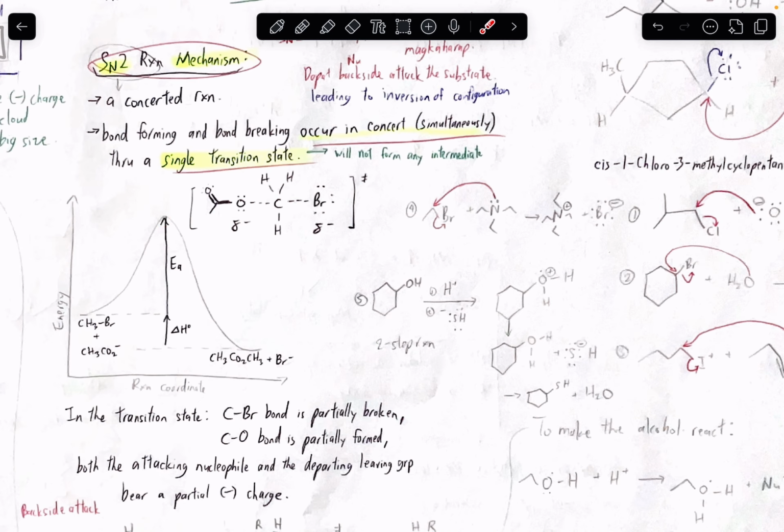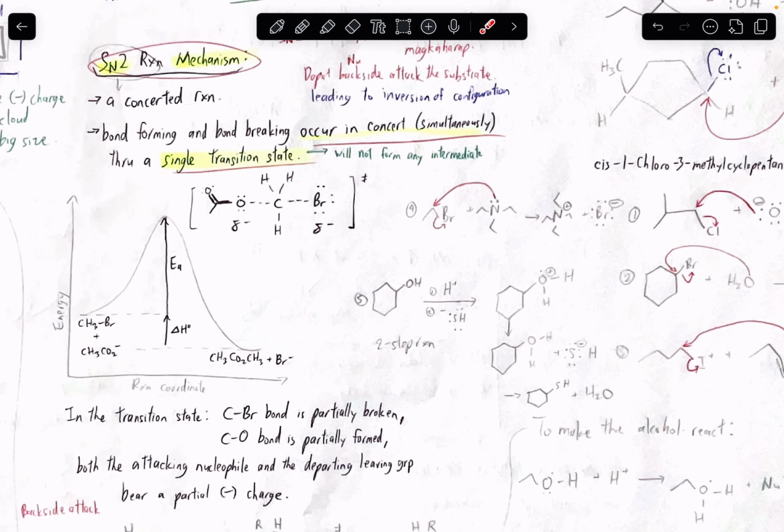Bond forming and bond breaking happen simultaneously through a single transition state. For Sn1, it's more than one transition state, so that's more complex.